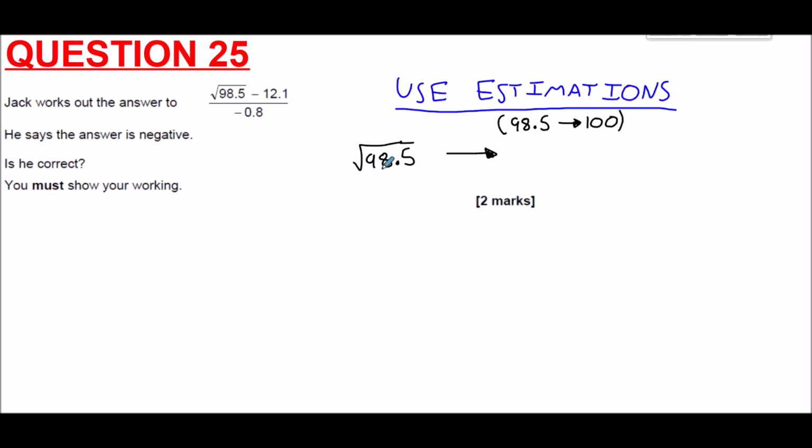So the square root of 98.5 is approximately the same as the square root of 100. And now we do know the square root of 100. What number multiplied by itself gives us 100? The answer to that is 10.